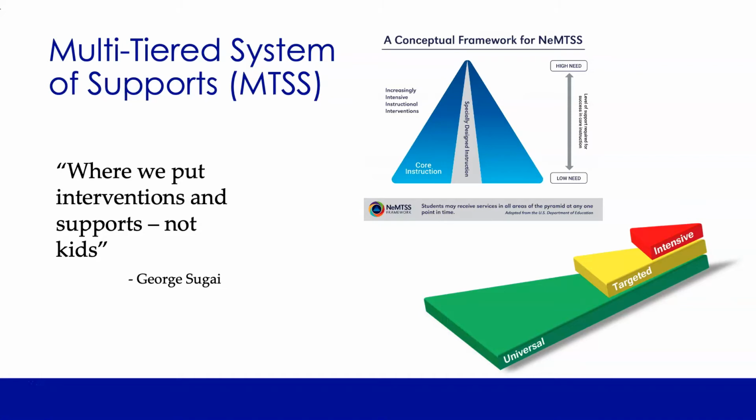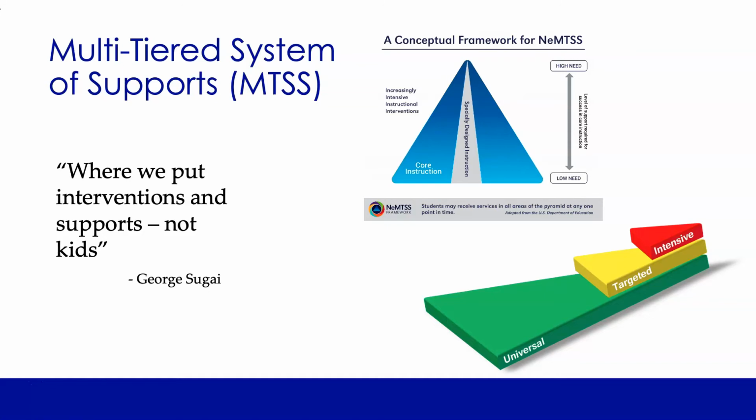And from an instructional context, it starts with good, high-quality core instruction. And that core instruction is provided to everybody. That's a universal type of support. And then for students who need it, we can layer on targeted instruction that focuses on increased intensive instruction.